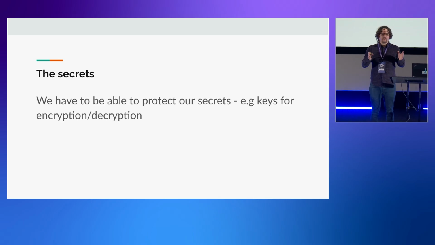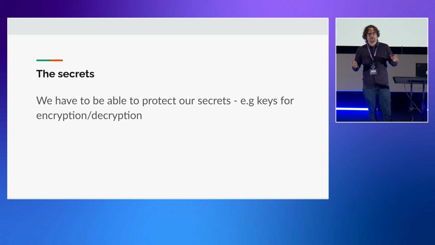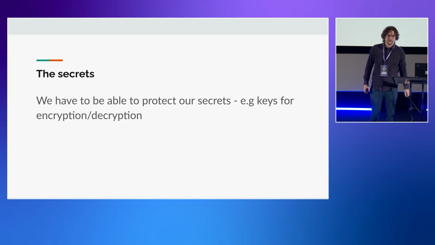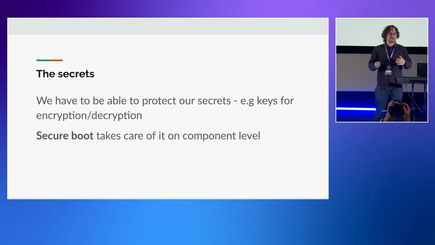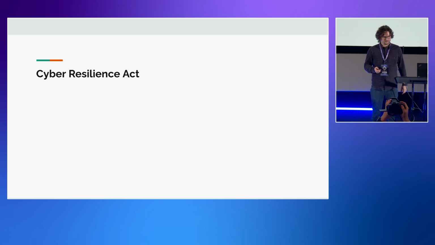And we need to have a way to protect our secrets. For example, keys used for decryption and encryption, logins, passwords, and so on. And one of the solutions is secure boot, which takes care of it on a component level. So each component in the boot chain verifies the next one, checks the signatures, and so on.